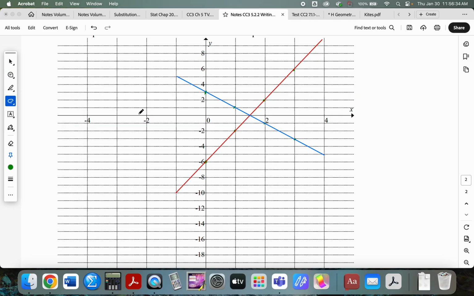So where do these two intersect? It looks like they intersect at about 1.50, right?